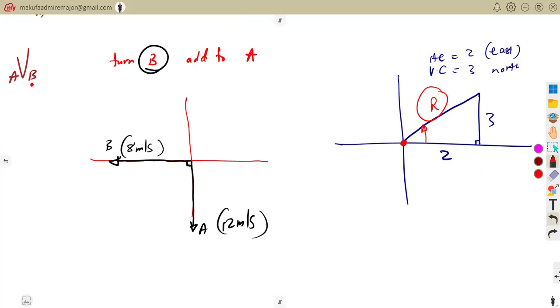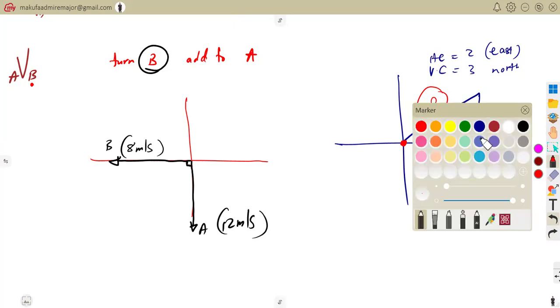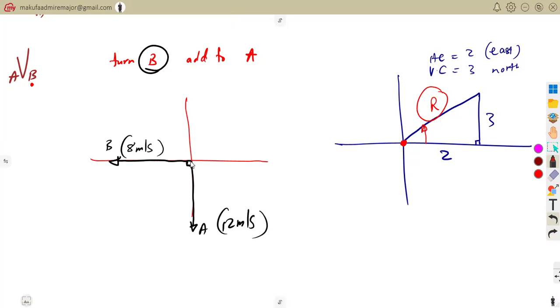So we are simply going to take from the origin to where these two meet, where A, if it was taken straight, and B, also taken straight going down like this, would meet. This line is going to be our resultant, the velocity that we need.